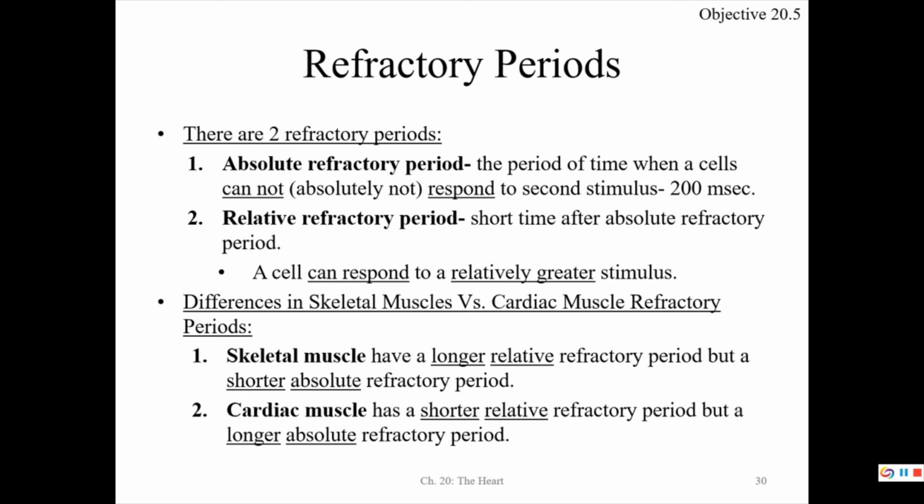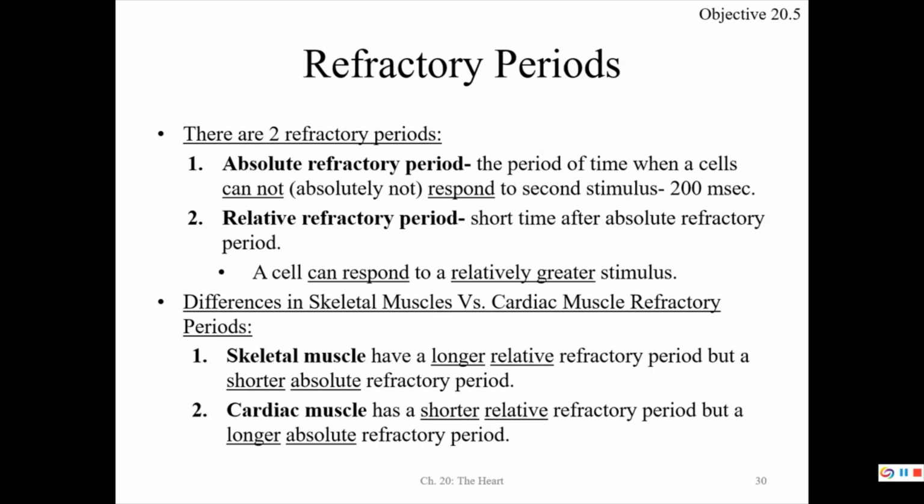Absolutely cannot respond again. It is deactivated. The fast sodium channels are closed and incapable of opening. In the relative refractory period, the sodium gates are closed but capable of opening under certain specific conditions.